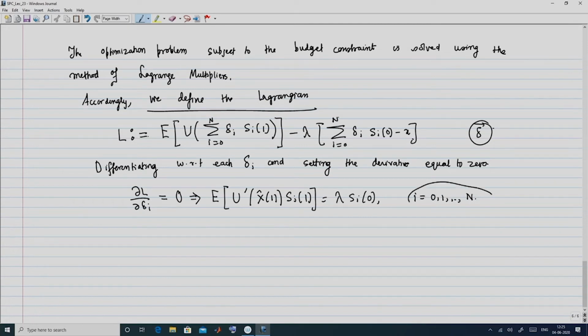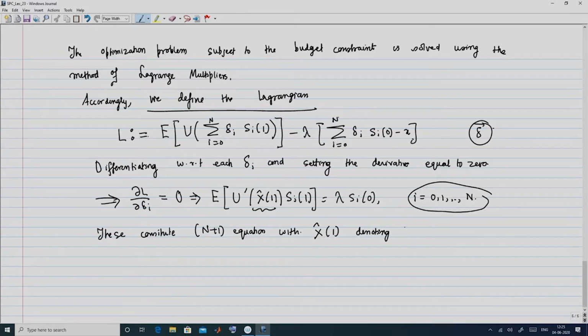Now, since I equal to 0, 1 to capital N, this means that this set of equations constitute n plus 1 equations with the newly introduced variable x hat of 1 denoting the optimal terminal wealth.